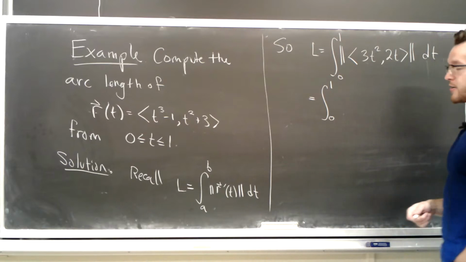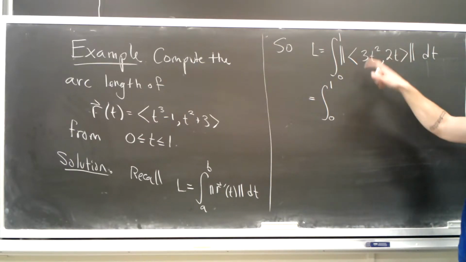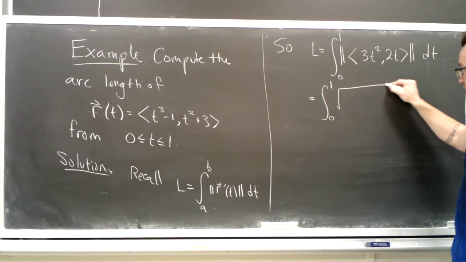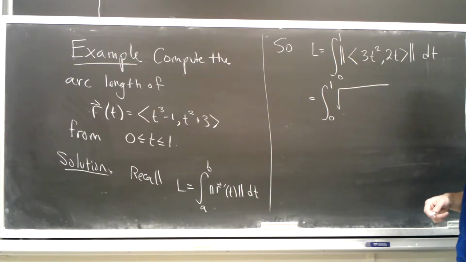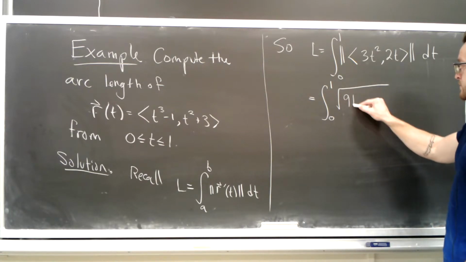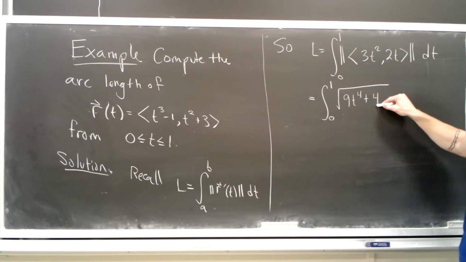Then we have to remember how to take the norm of a vector. It's the square root of the sum of the squared components. So this will be the square root of this quantity squared, which is 9t to the fourth, plus here it'll be 4t squared.